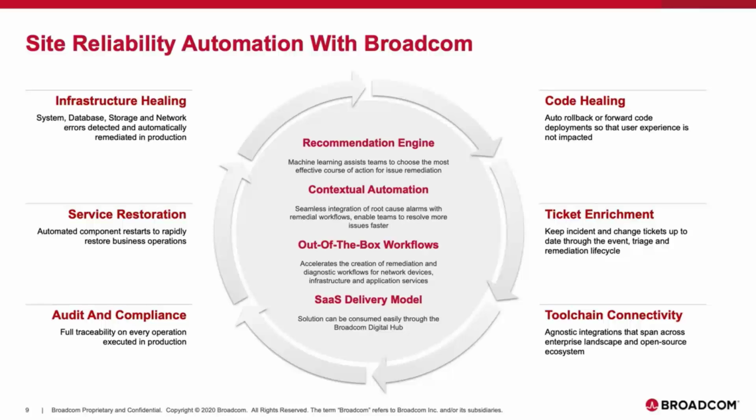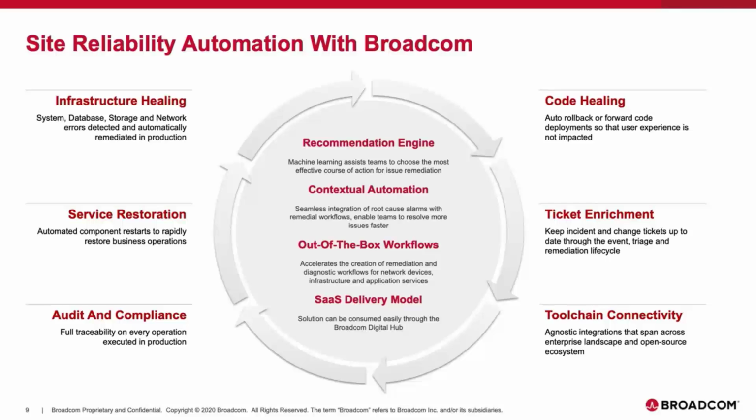The remediation workflows have full contextual awareness of the issues. It means they can be easily reused and autonomous decisions can be programmed based on variables extracted from the contextual data. On top of that, machine learning helps teams to choose the most effective workflow for issue remediation.